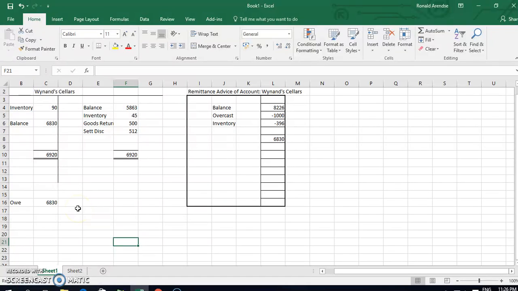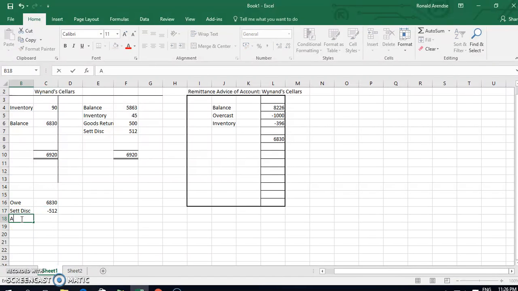So now that we've determined that we owe the supplier 6830, we now need to consider the discount. So first, in order to calculate the discount for this period, I need to work out how much I actually owe for this period. So we owe 6830, however the discount comes from the previous payment. So the first thing we need to do is say the settlement discount of 512, I need to subtract.